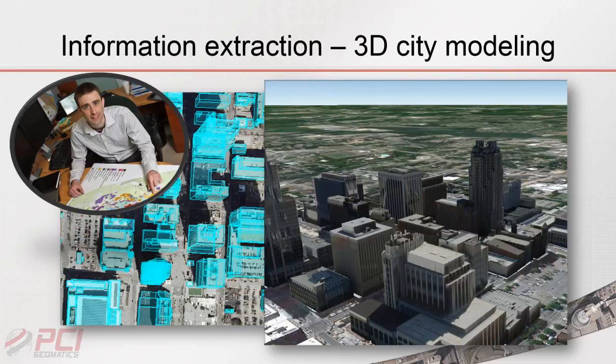It's basically a desktop application that uses the stereo data to allow you to build a geometry of the different buildings and then texturize those geometries. So quite an exciting webinar coming up there.